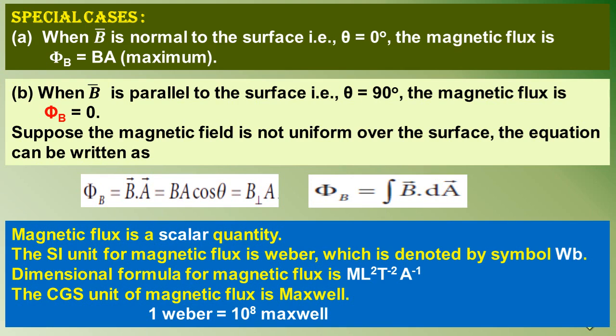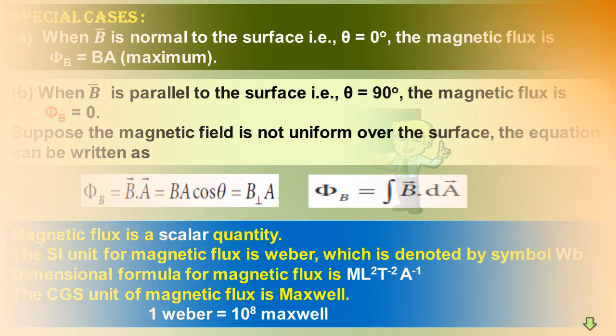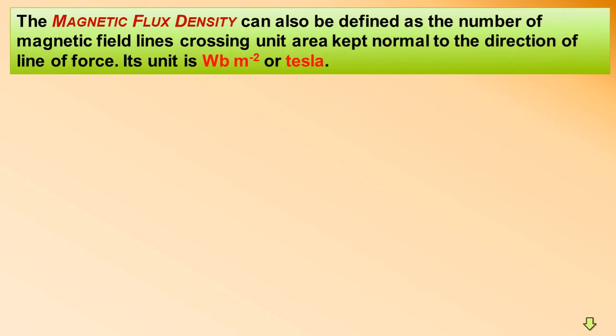So 1 Weber is equal to 10 to the power 8 Maxwell. The magnetic flux density is defined as the number of magnetic field lines crossing unit area kept normal to the direction of lines of force, and its unit is Weber per meter squared, or Tesla.